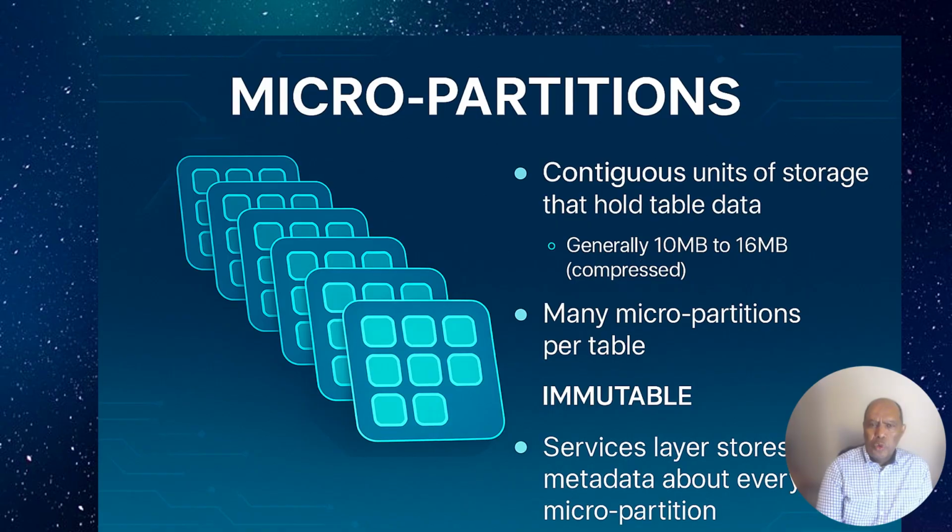Instead of storing an entire table as a single block, Snowflake automatically breaks the data into hundreds or even thousands of micro-partitions. Each micro-partition covers a subset of rows which are stored internally in a columnar format for maximum compression and fast analytical performance.